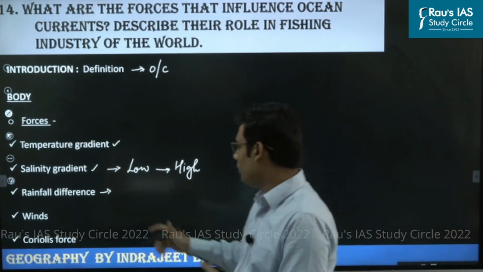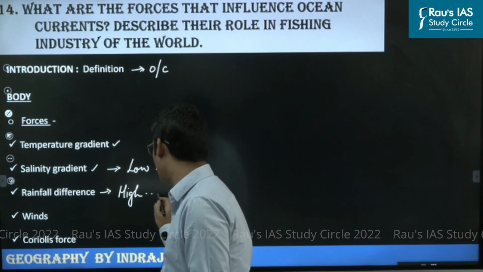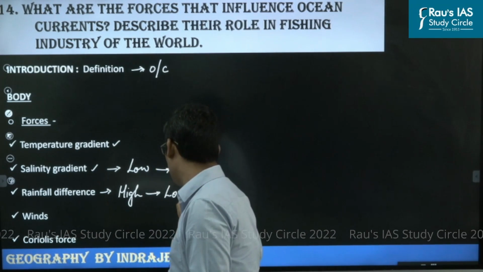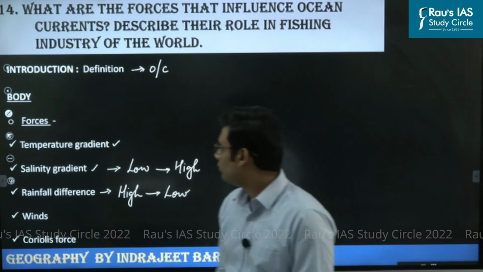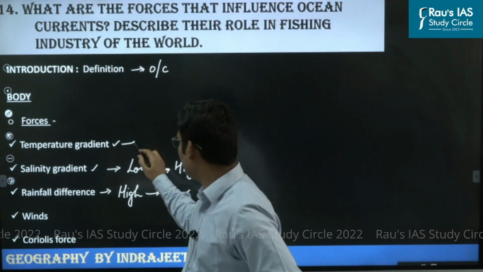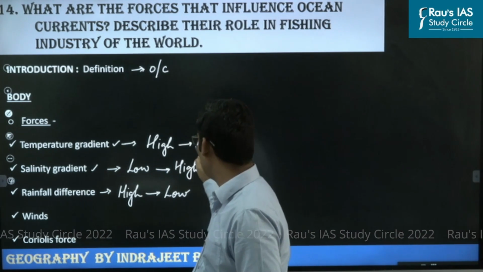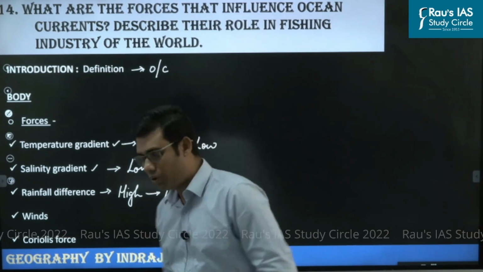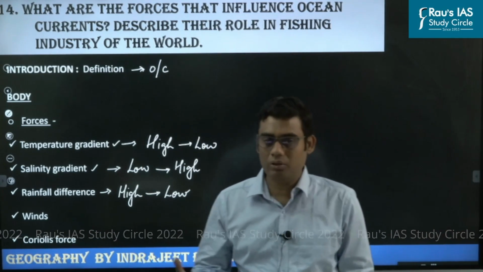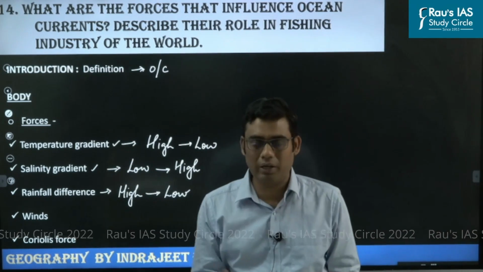And so over here, the waters will tend to move from high rainfall region to low rainfall region. Temperature, I told you, is where the tendency is to move from high temperature to low temperature regions, or warm water to cold water. So these themselves create these gradient forces. That's why we have written it as gradient.